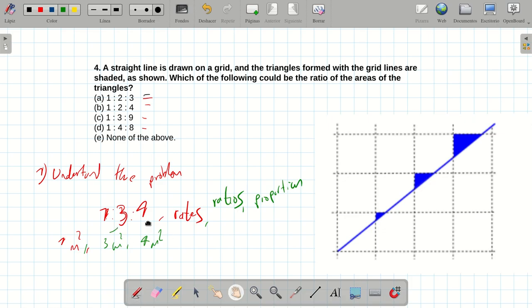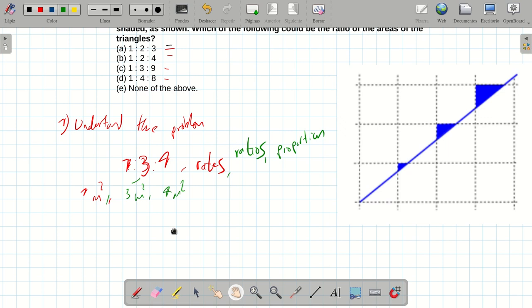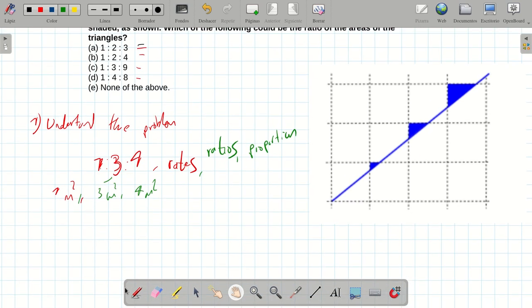now the second process to solve this problem is something that I call rain of ideas.